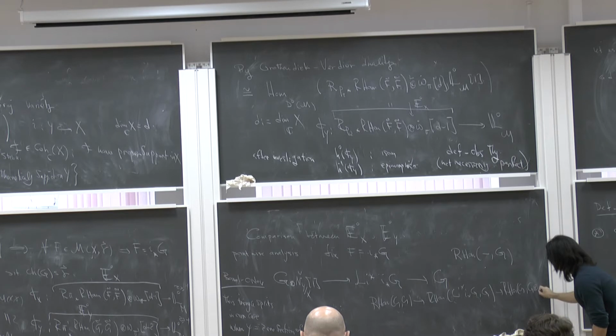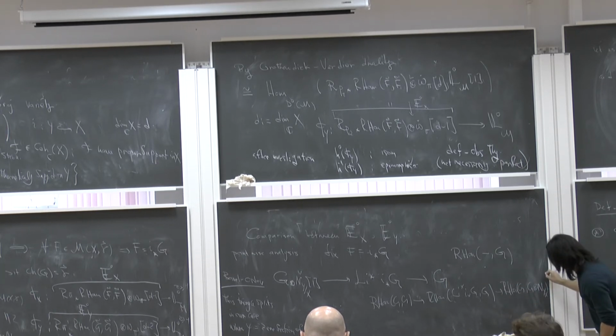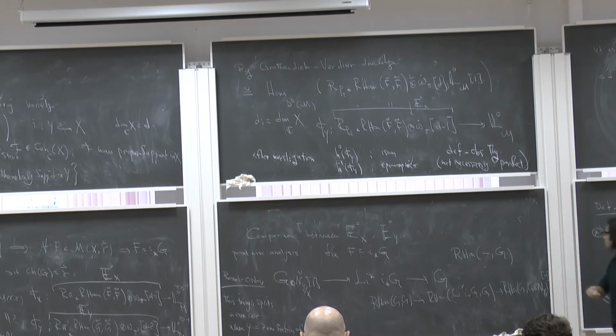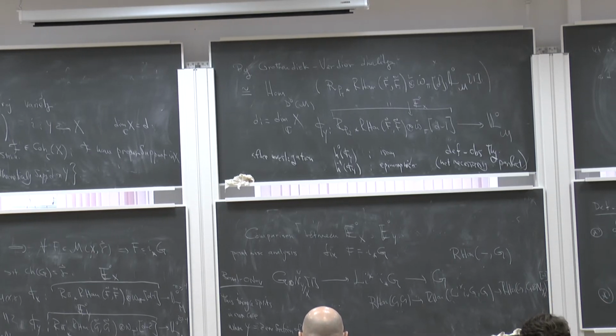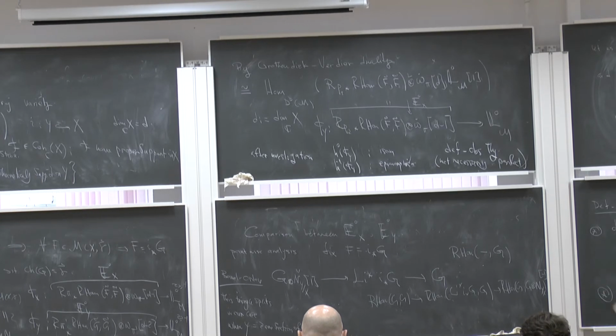So G times normal bundle of Y in X, and the shift by 1, because it's in the contravariant coordinate, will be shift by minus 1. Okay, so this is what you will get.